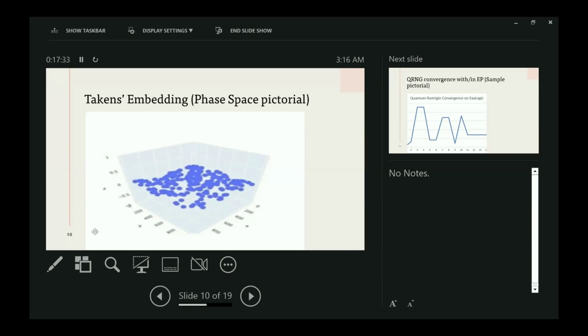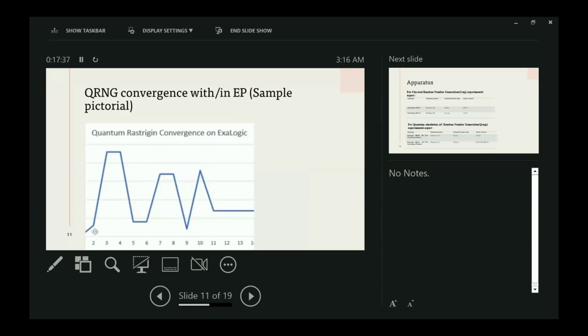Having said that, this is for experiment number 2, and for experiment number 1, this is a sample pictorial of how the QRNG in the evolutionary program converges. The x-axis is the number of generations in the experiment that I described, and the y-axis is the index of the candidate individual where the error function, the loss function, was minimized.